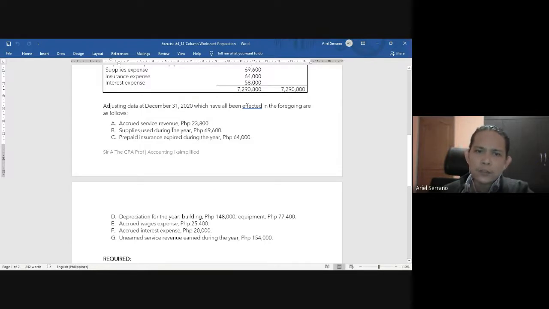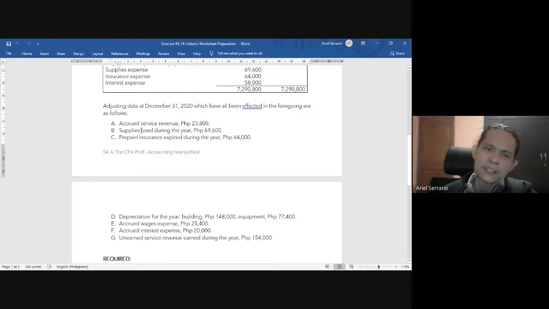Okay, supplies used during the year, 69,600. What is our journal entry there? Our journal entry will be a debit to supplies expense and a credit to supplies for 69,600 used up. Remember that this is a prepaid asset. Supplies, we have to utilize the 69,600.